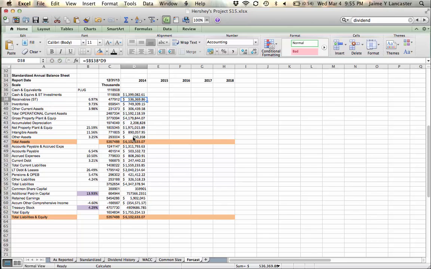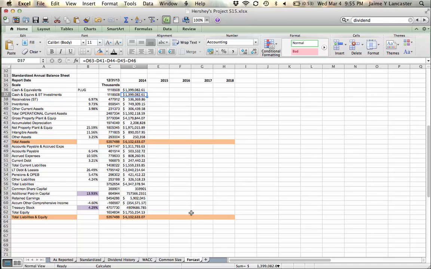And if we enter that formula, these two things should balance. I'm then going to go backwards and calculate my cash and equivalents line. And if you had some proportion of that was short-term investments and some portion that was cash and equivalents, you would have to divvy that dollar amount up between the two of them.